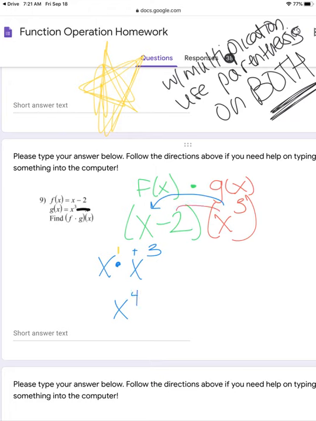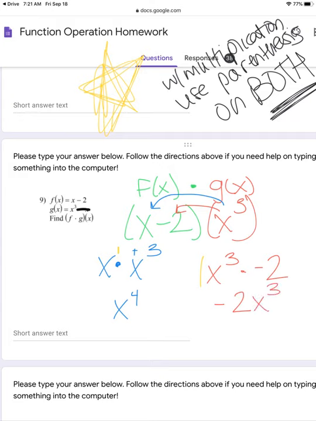Now on this side, I do x cubed times negative 2, okay? Now, this 2 does not have an exponent, so all we're doing is multiplying the imaginary 1 in front of x times negative 2, which gets me negative 2, and then I just bring this x to the third down.